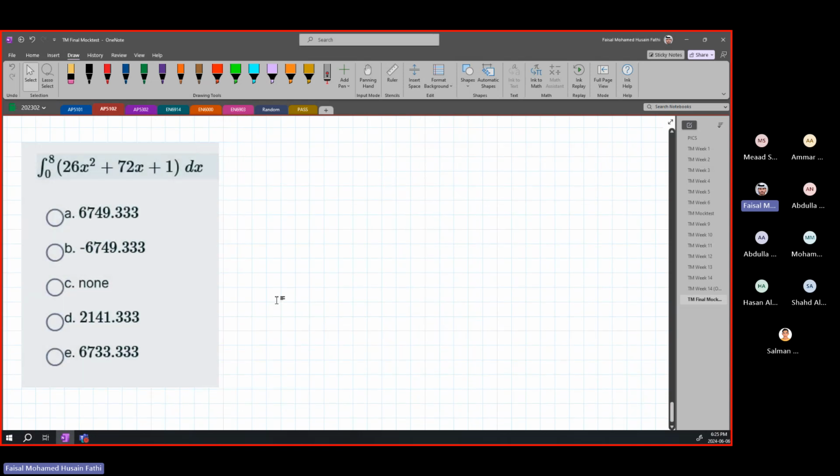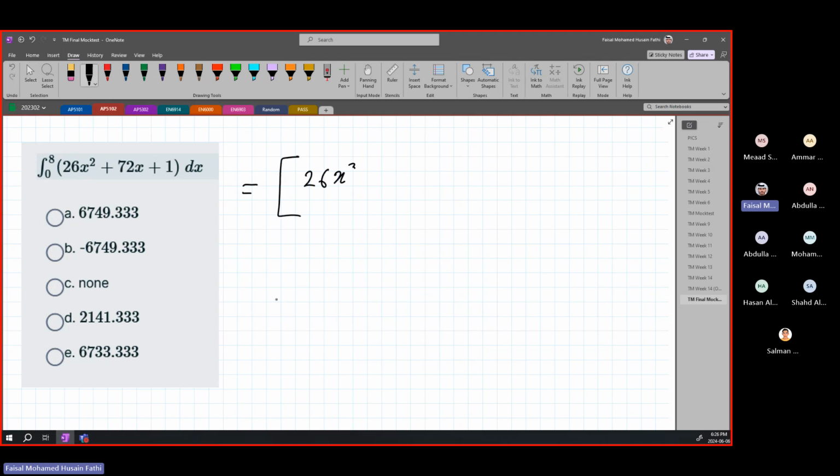Integration, very simple, very basic. This is going to be equal to 26x squared becomes 26x cubed over 3 plus 72x squared over 2 plus x, the range is from 0 to 8.